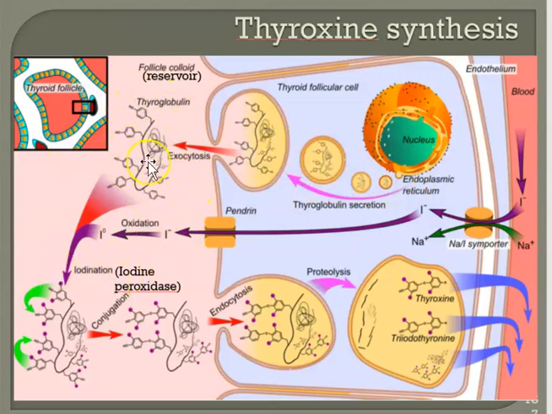In the reservoir, that's where there are enzymes that are going to manipulate these benzene rings and add on those iodine components. And then once they're iodinated, they're brought back into the cell, and then they're broken down into thyroxine and released into the blood system.